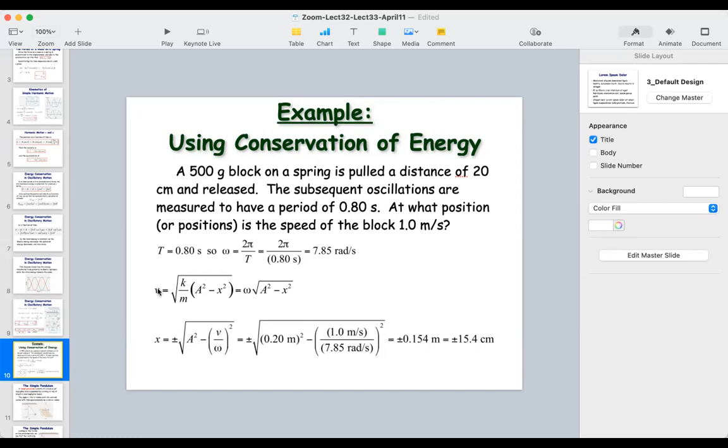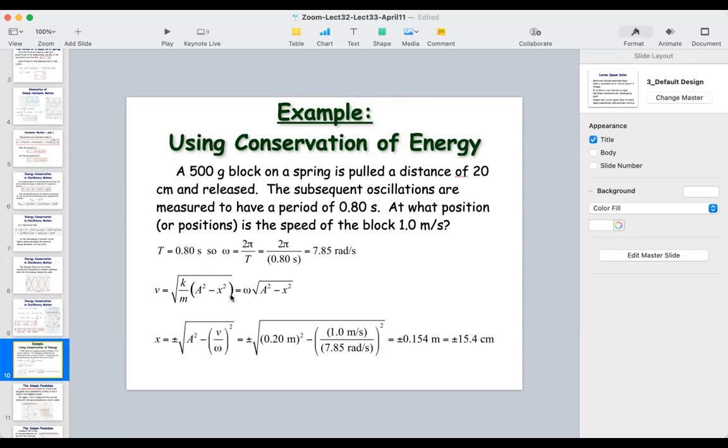So we know that the velocity is equal to the square root of k over m times A squared minus x squared. We only saw before the expression k over m multiplied by A squared, when you are at the maximum.